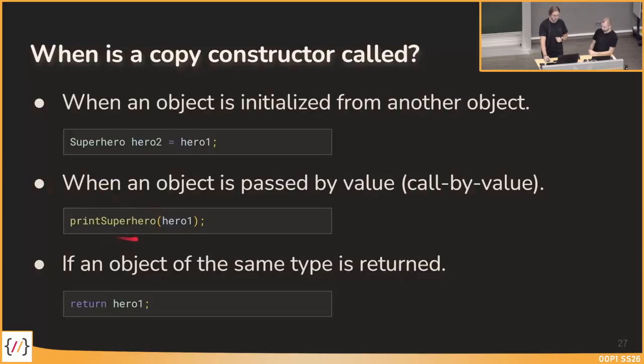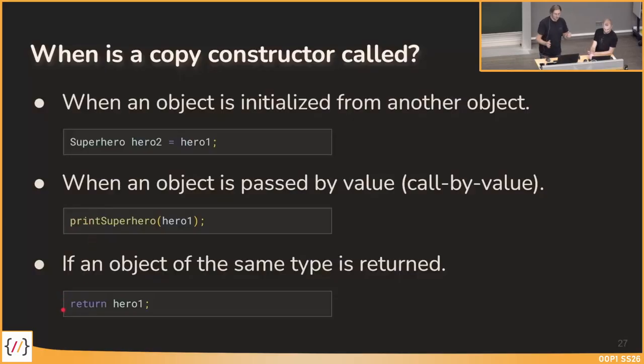So hero1 will be copied to the print superhero method, and these are now two different objects. So hero1, where it is called, is not the same as hero1 in the print superhero function. This is the second way the copy constructor is called.